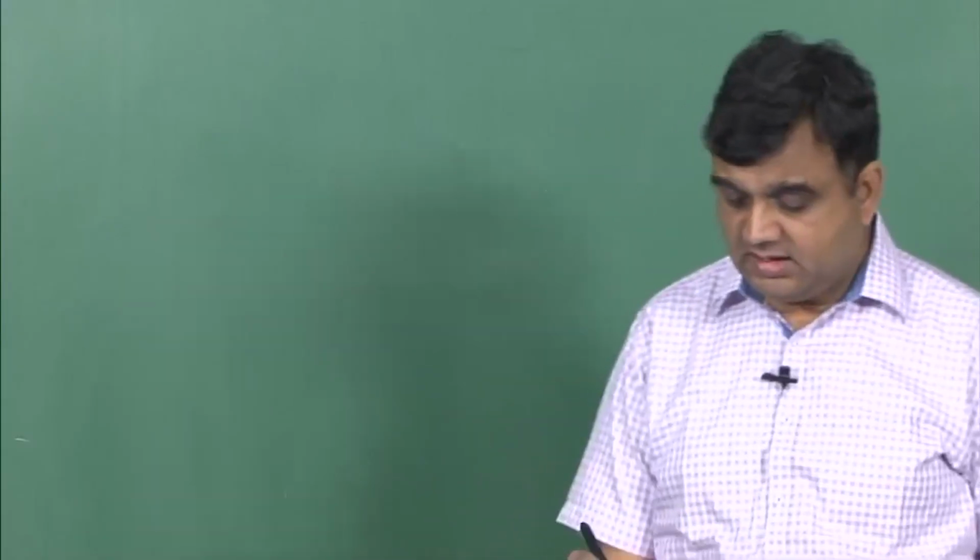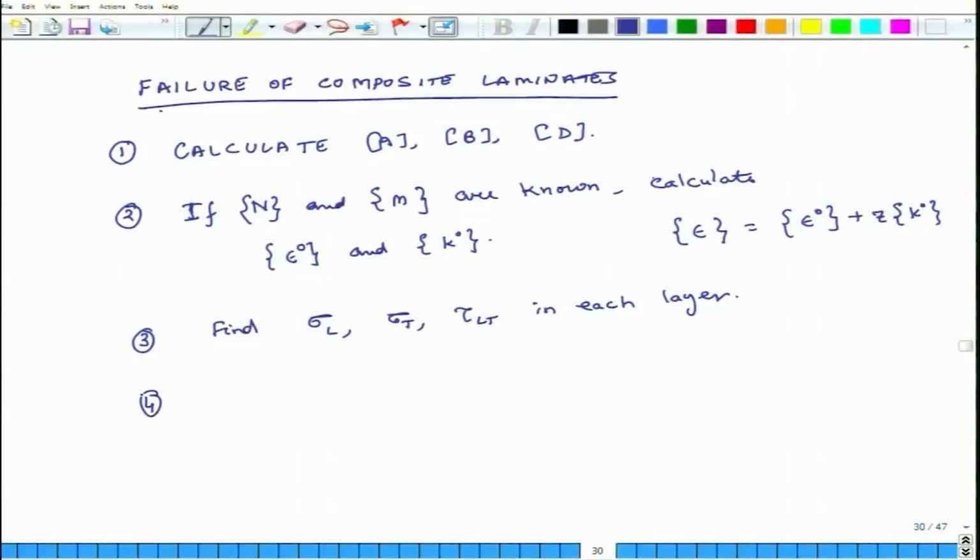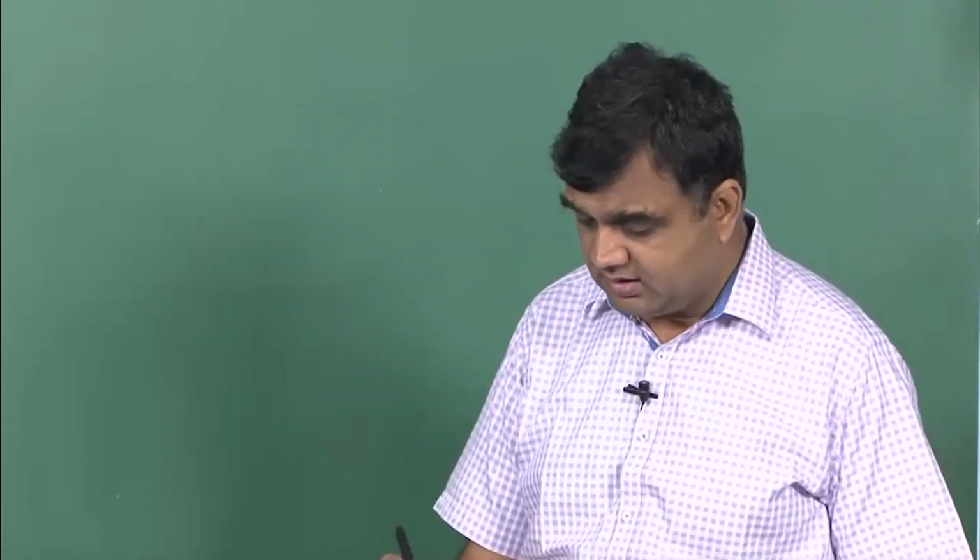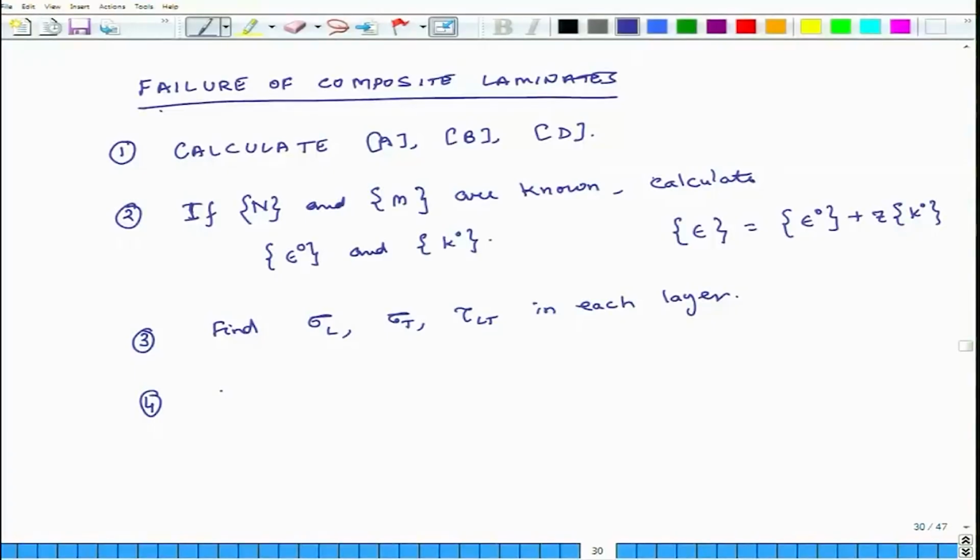Then the next step is that we use some criteria, for instance the Tsai-Hill criteria. So, in this case we will just say use Tsai-Hill criteria to see if each layer is safe.